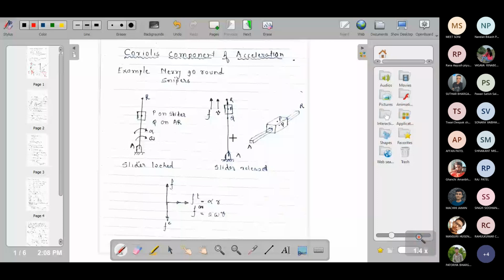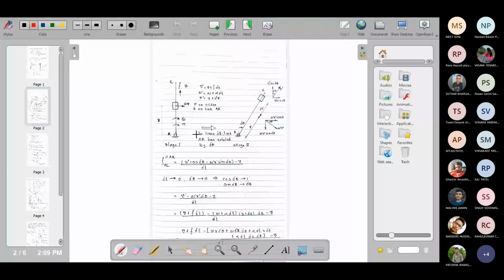Now suppose I want to find the acceleration of point Q with respect to, oh sorry, the acceleration of point P with respect to A. At that time I need to consider the Coriolis component also. We discussed it and its magnitude in the last lecture. You can resolve the component along the link AR and perpendicular to link AR.